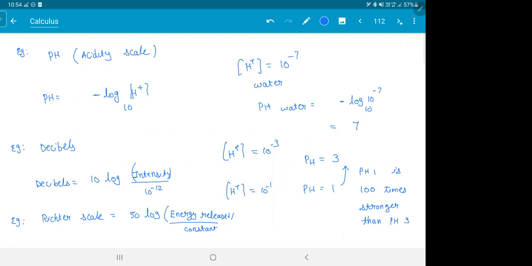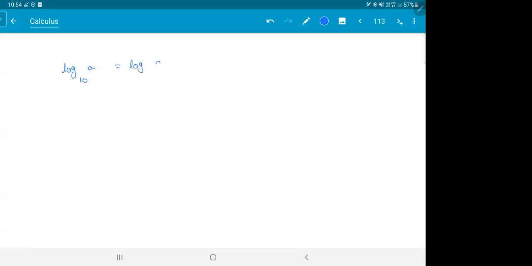So there are some formulas for this. So we use log scale at multiple places. I want you to remember these formulas. If you have log a to the base 10, we simply write it as log a only. If you don't represent anything, it means base 10.